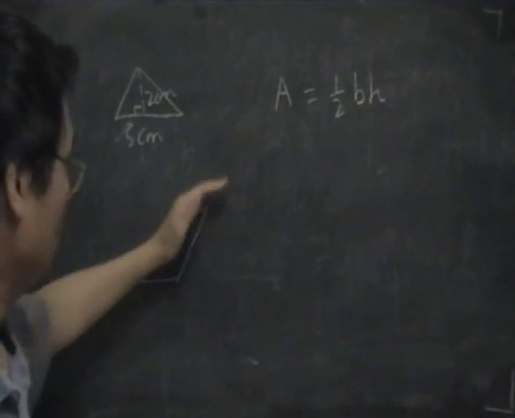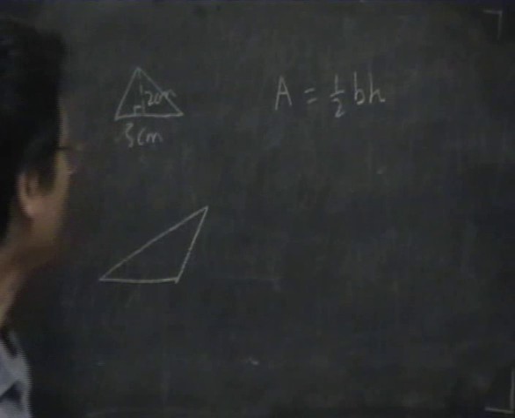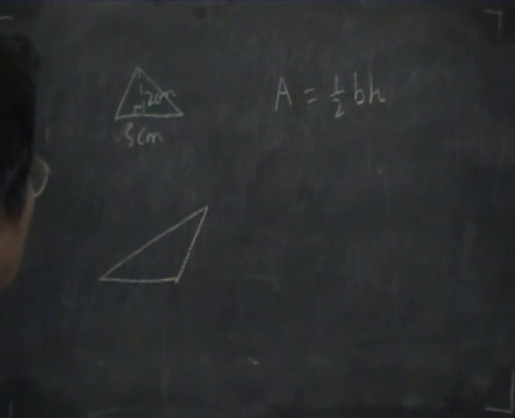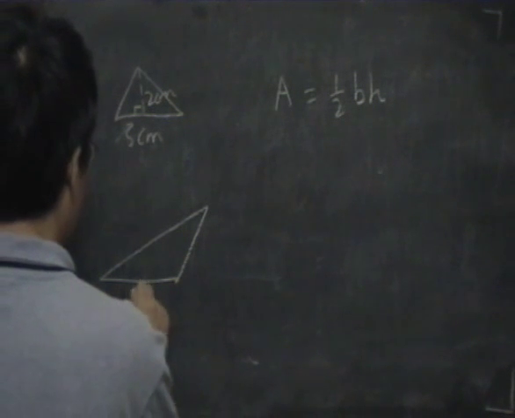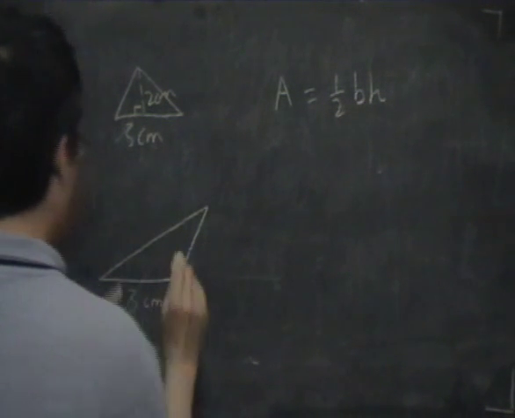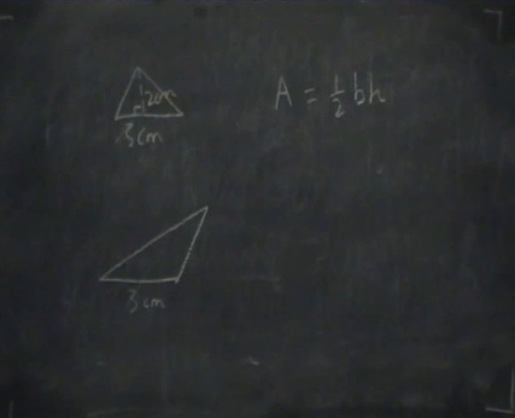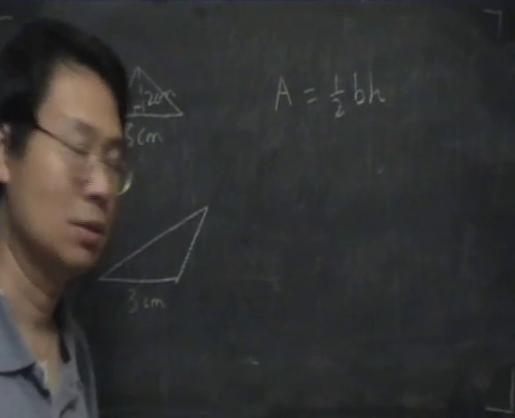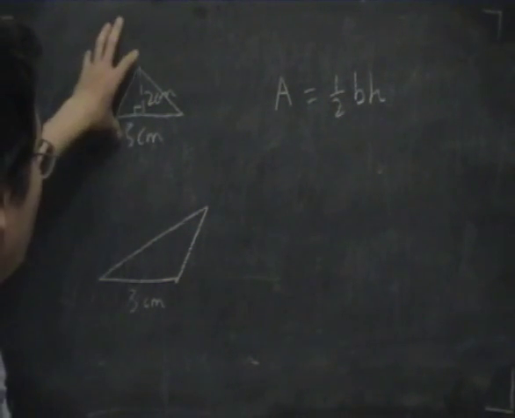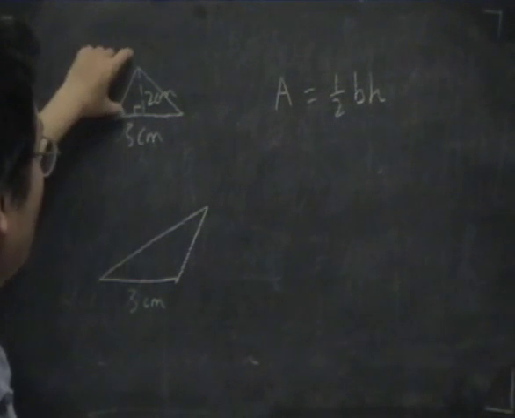Right, a rather slanted triangle. Now the base, this could be the base. For example, this might be 3 centimeters as well. So that's the base. But what is the height? Right, in the first example, the height is quite obvious.